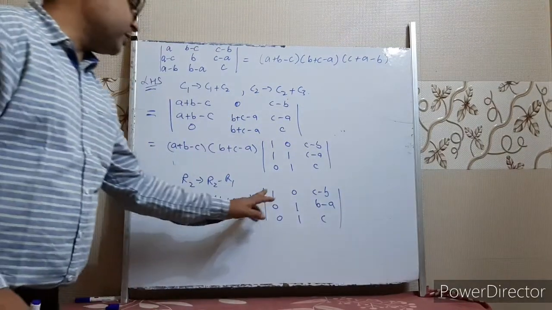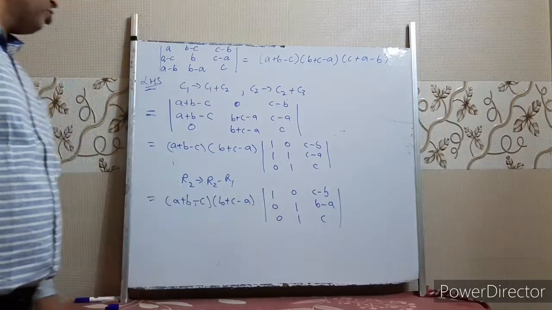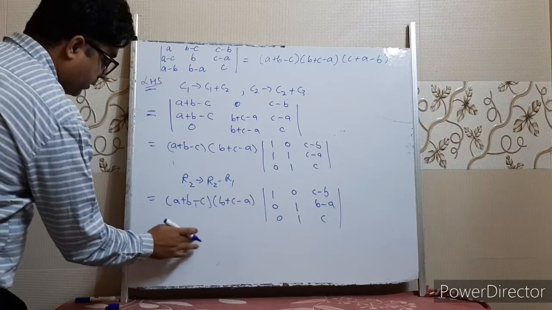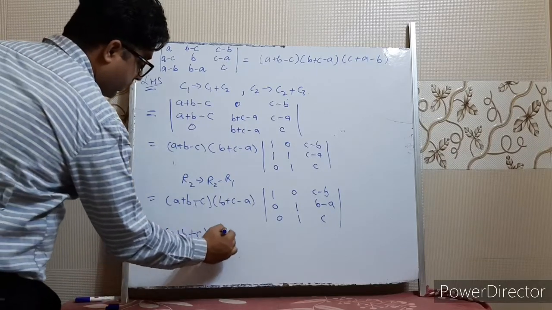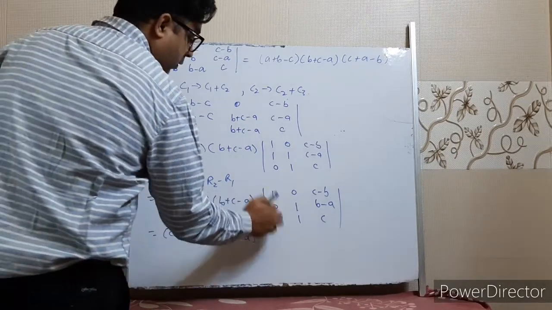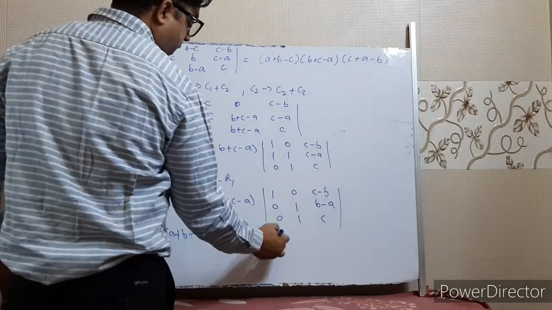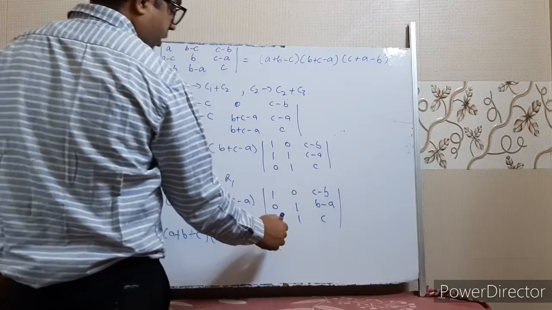Okay. Now when we expand this determinant by first column, you can see that B plus C minus A about column 1. So these two elements are 0. About this 1, what will we get? This row and this column will get cancelled.